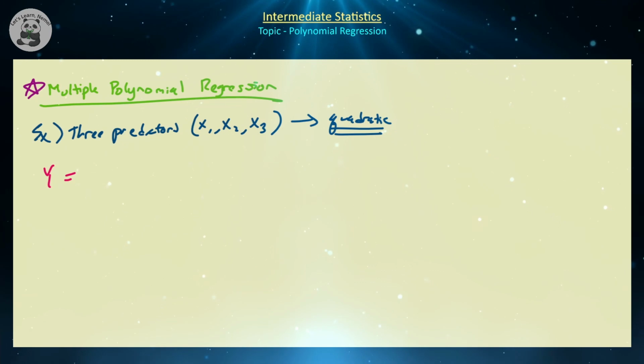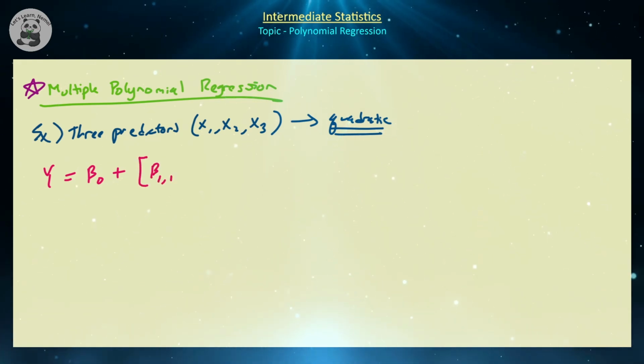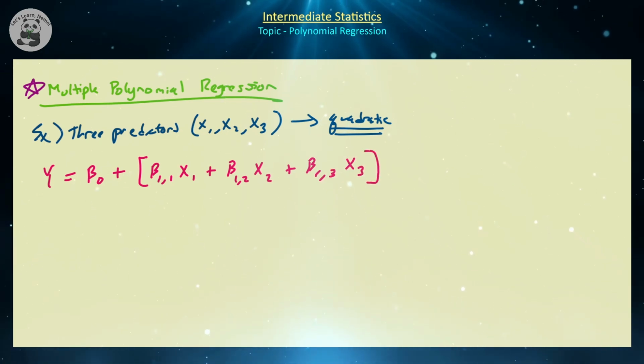What would that model look like? So let's assume that we have just one response variable, y, and we're obviously going to have our beta 0 intercept. Some people choose that to be 0, but I highly do not recommend allowing your beta 0 to be 0, even if you're standardizing your predictors, for a variety of theoretical reasons. So then we're going to look at, for example, the linear terms for a model. Let's call it beta 1,1 x1, plus beta 1,2 x2, and then beta 1,3 for the third variable, x3.